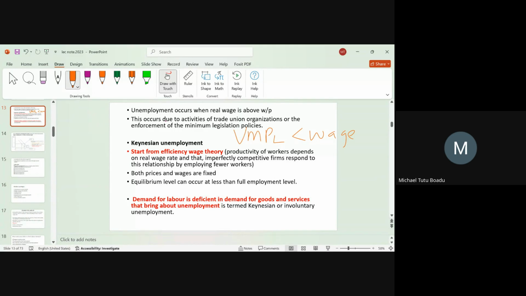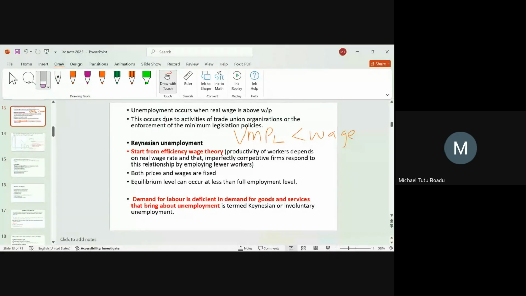What can also bring unemployment is when there's deficiency in labor demand. The reason why labor will be unemployed will depend on the goods and services that you are using labor to produce, the price or demand for those goods and services.